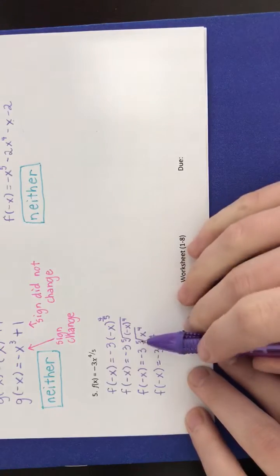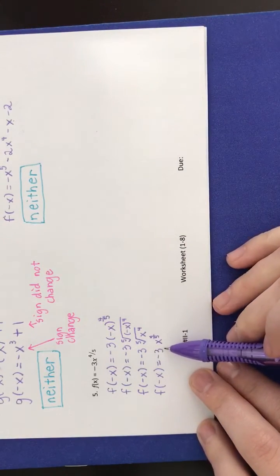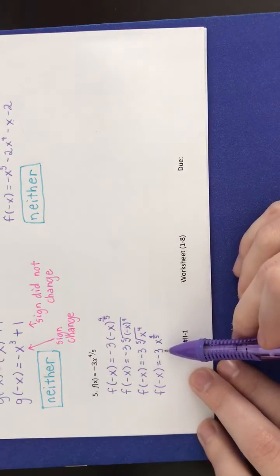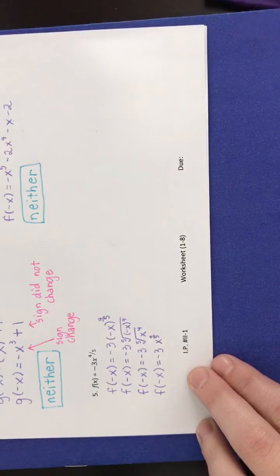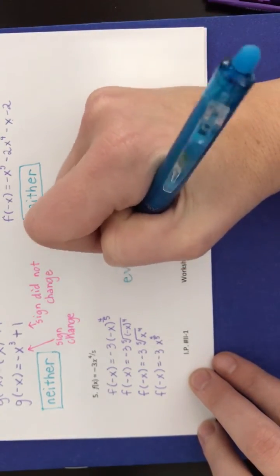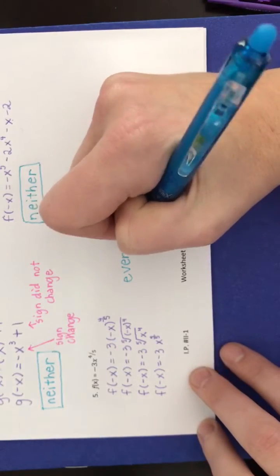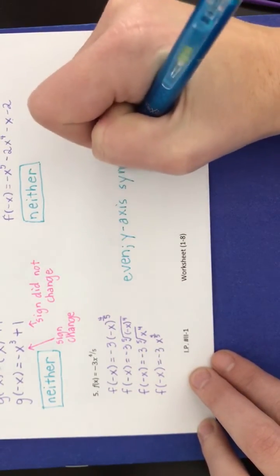Okay, so when we convert back to a rational exponent, all right, you can clearly see that the answer is the original given problem. So therefore, this is an even function that has y-axis symmetry.